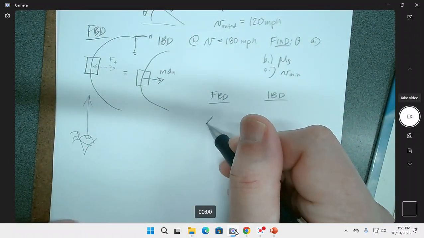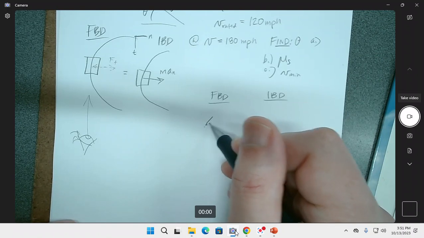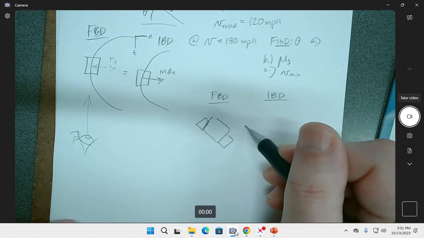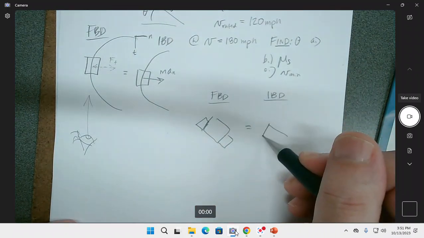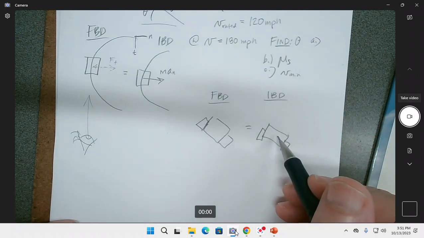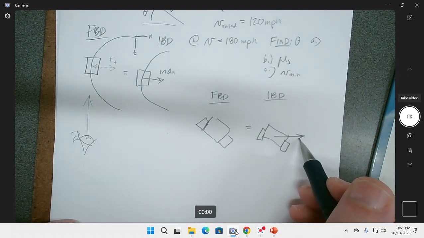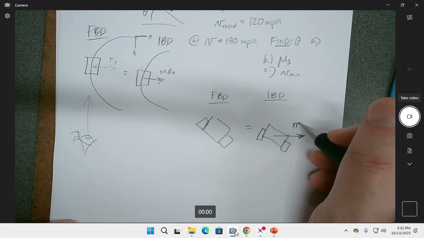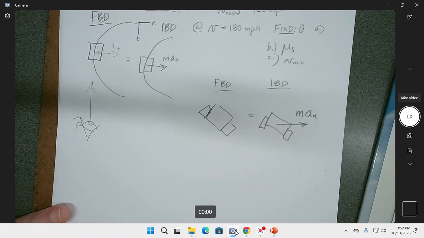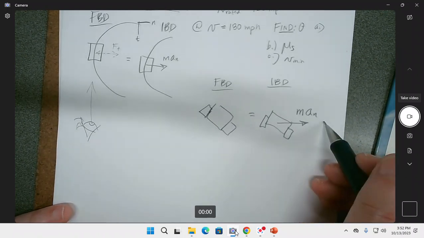So we have a car, which I'm going to draw poorly. It's going to go in that direction right there: the mass times the acceleration in the normal direction, going towards the center of the curvature.